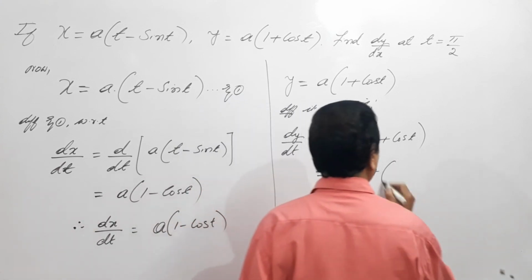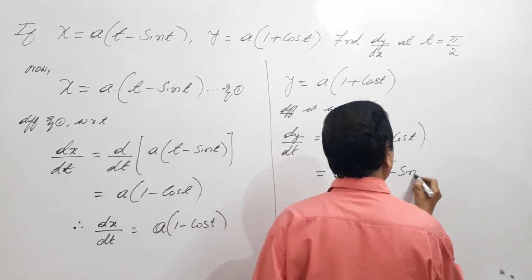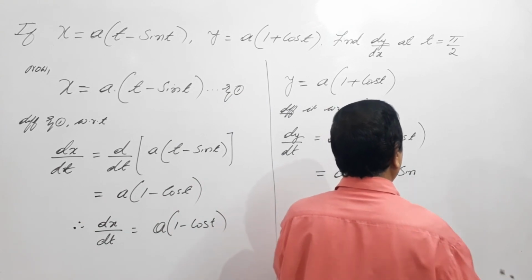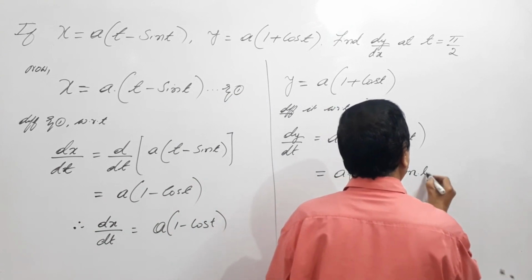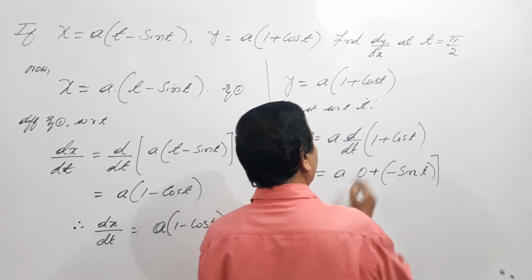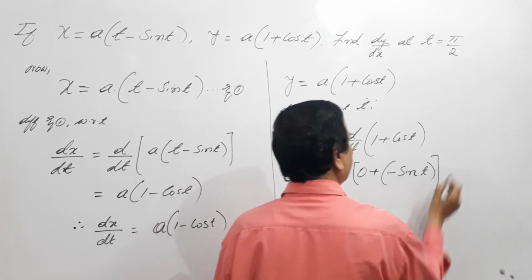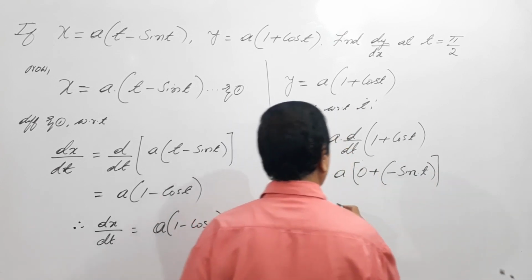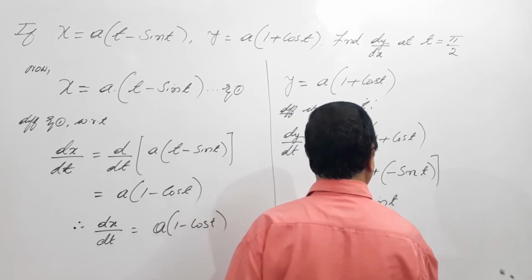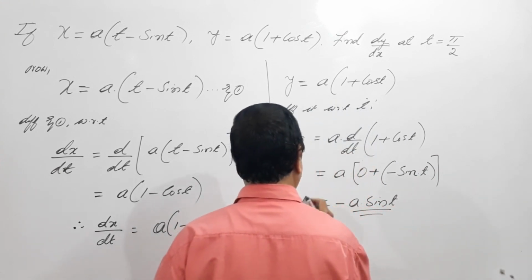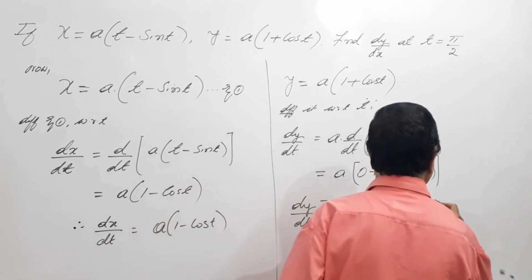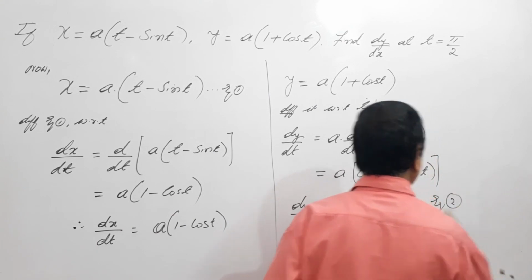So that equals minus a sin t. This is our dy by dt. I call this equation 2.